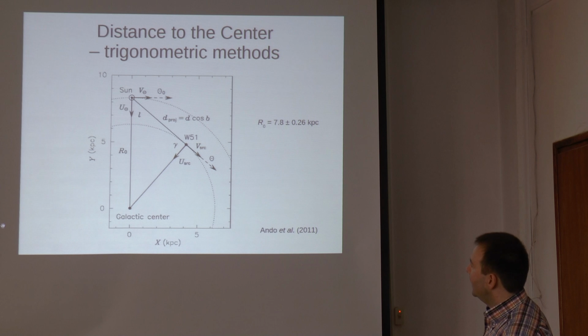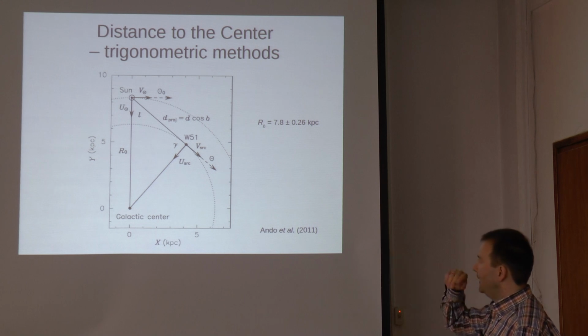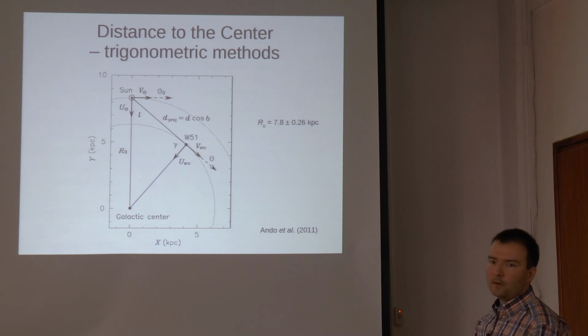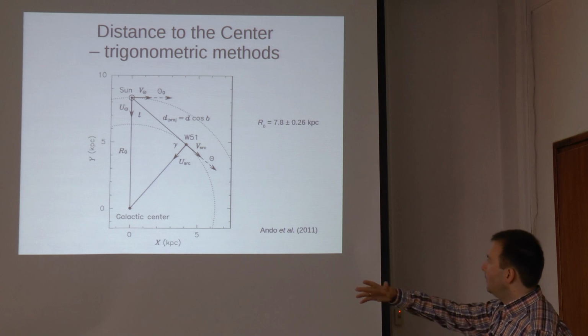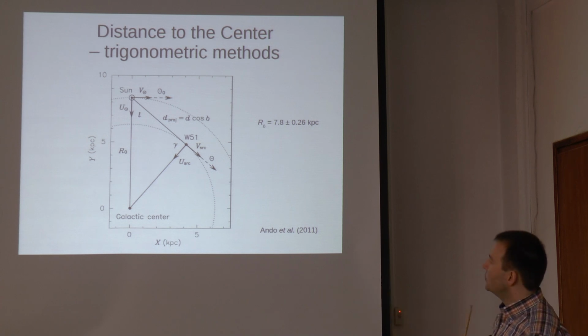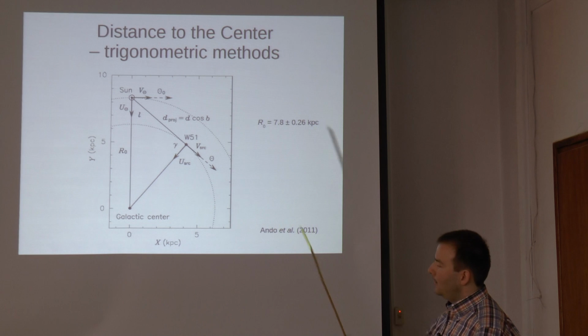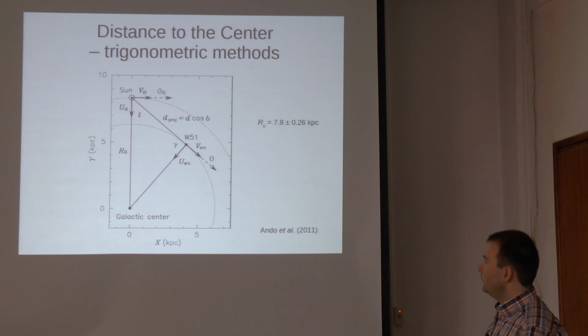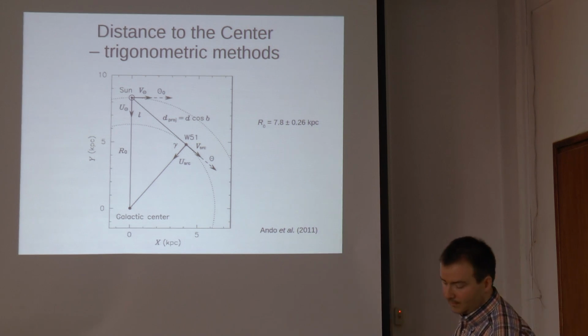Other methods are based on a model of the galaxy. For example, we look for some objects in the galactic disk. We measure the velocity and assume the kinematics of the whole Milky Way disk. One of the results is shown here.